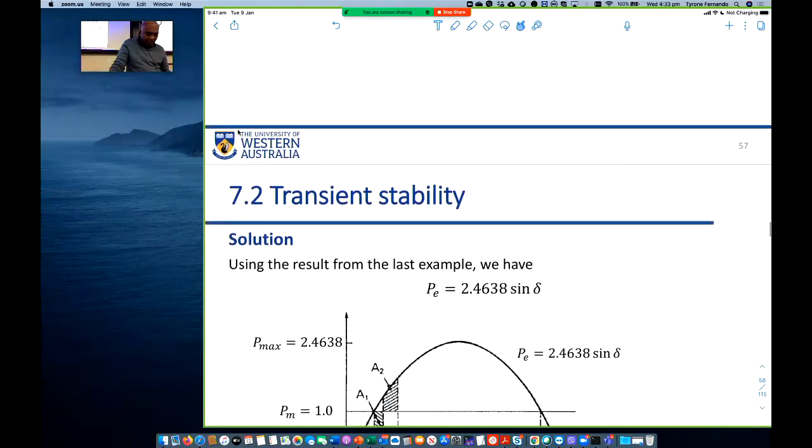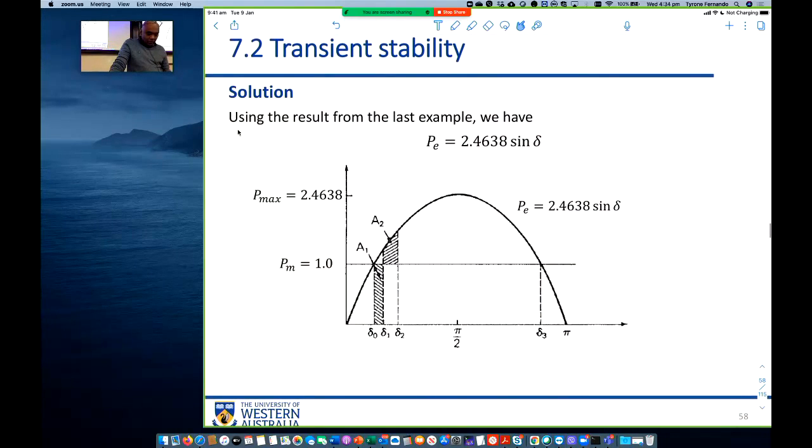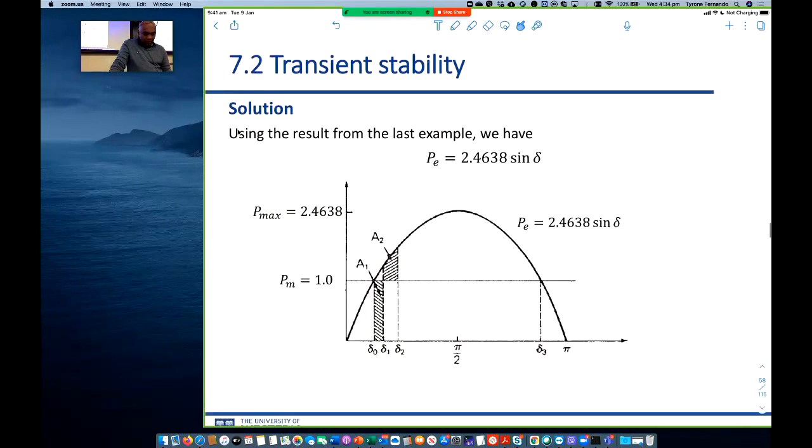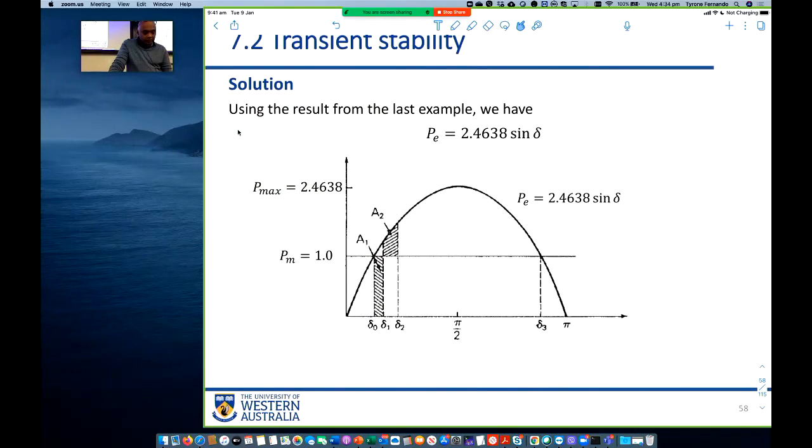So this is what we have. Notice the area A1 is different now. So this is PM. This is where, at delta naught, it's operating. And then a fault occurs. Bus 1 is short circuited. Then electrical power becomes 0.